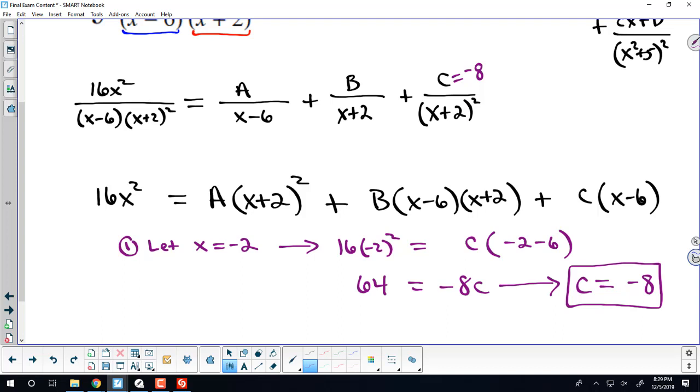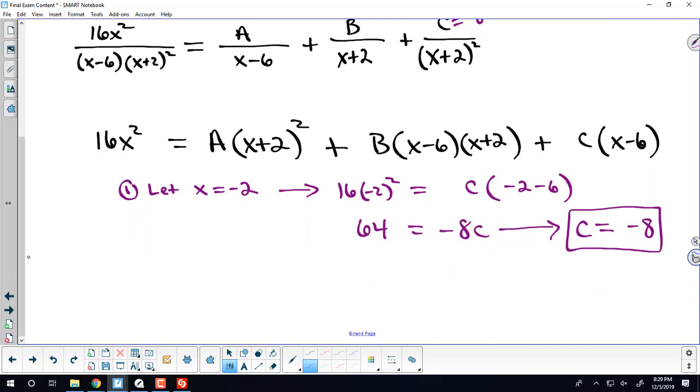Okay, and then we'll let x be +6. So we've got 16 times 6 squared equals, the b and c terms go away, a times 6 plus 2 squared.